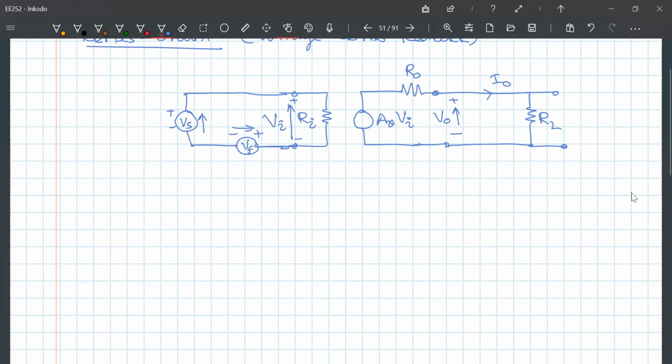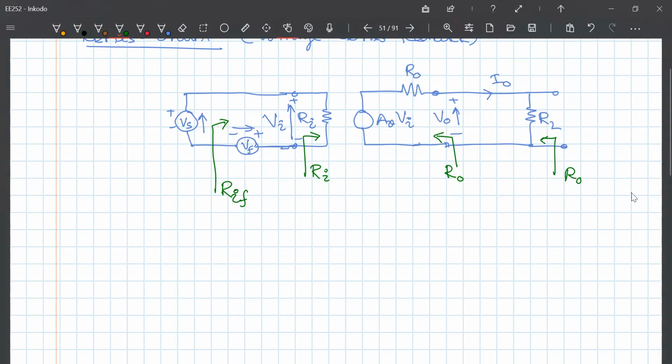Okay, so rather than drawing all the feedback network, I am going to represent the whole thing in this way, where now my input impedance without feedback is like this, R in. Output impedance without feedback is like this, R out. But with feedback, this is my input impedance, Ri with feedback, and this is my R out.